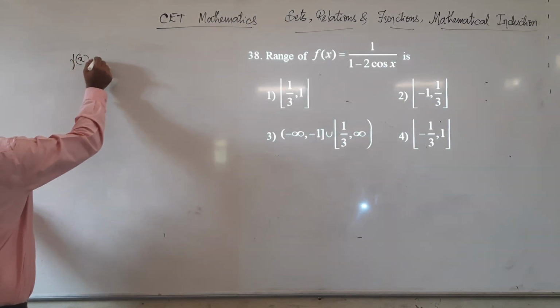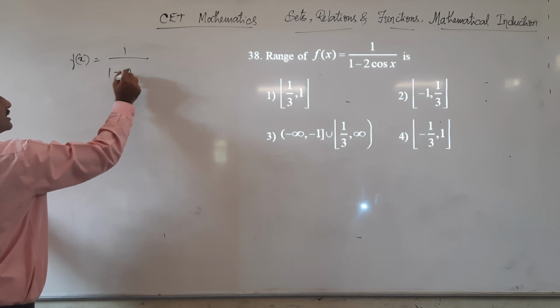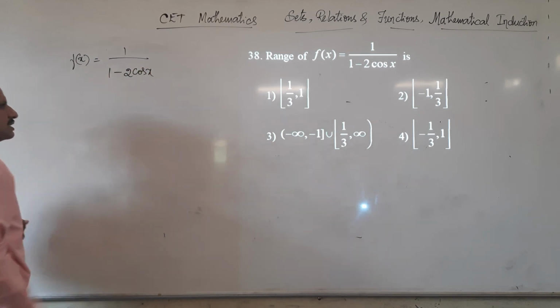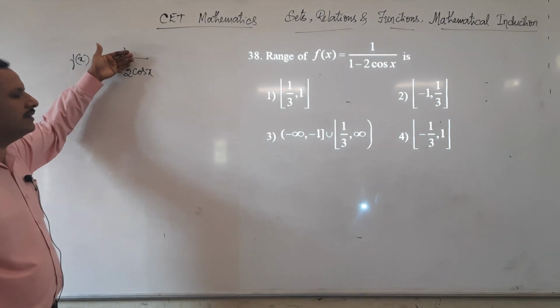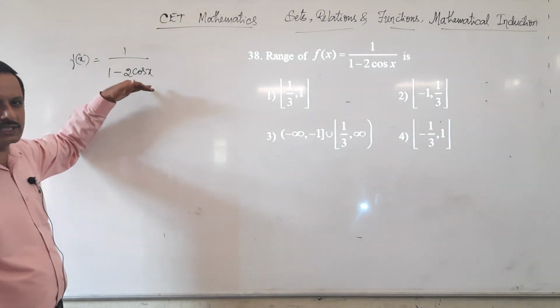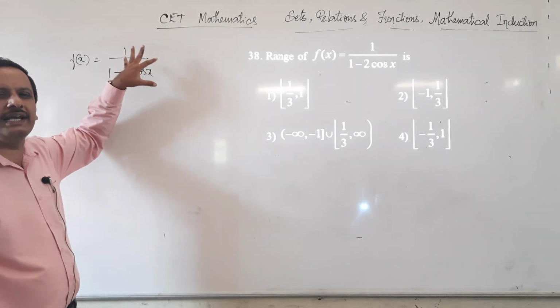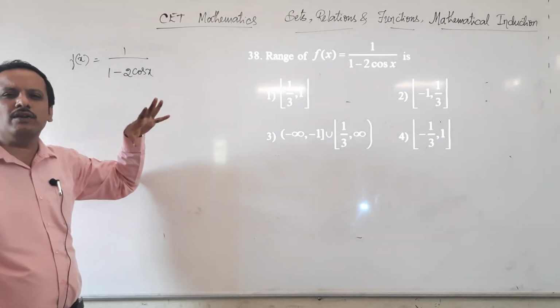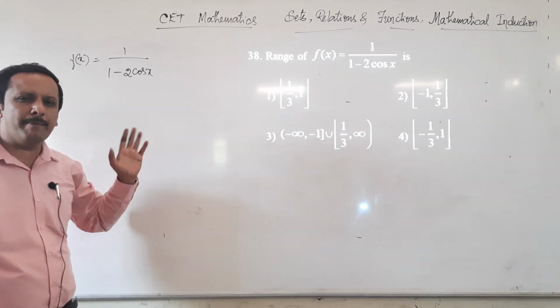By using that idea only, we can get the answer, because all the other expressions in this are constants. So it is purely depending on cos x. Now, actually, when we take the reciprocal, it will be reversed. That means whenever cos x attains its maximum, this function will attain its minimum, and whenever cos x attains its minimum, this function will attain its maximum.